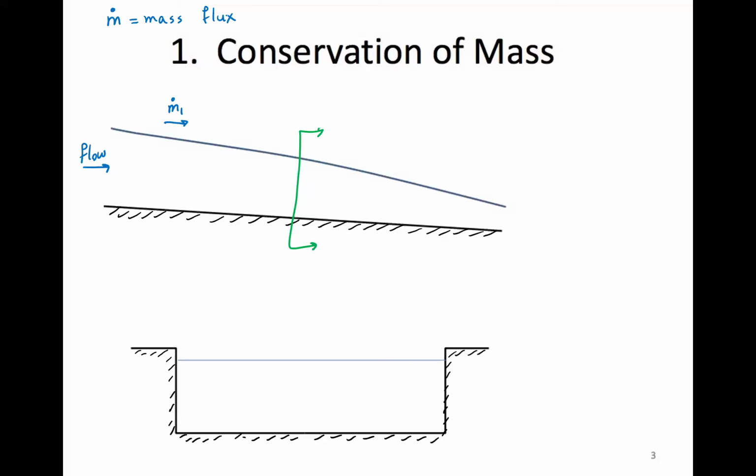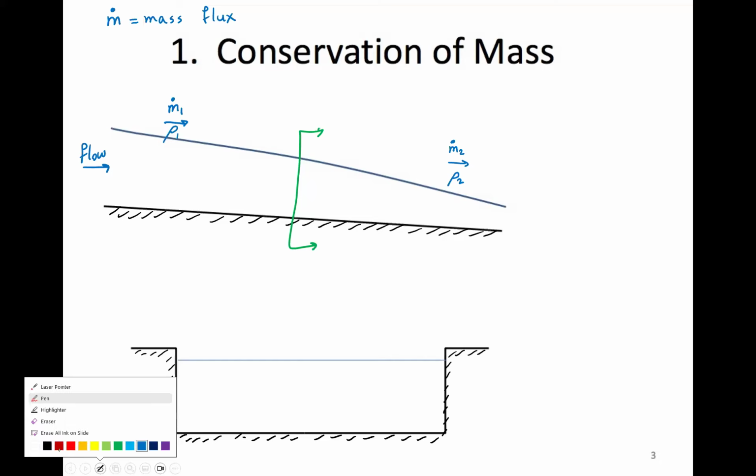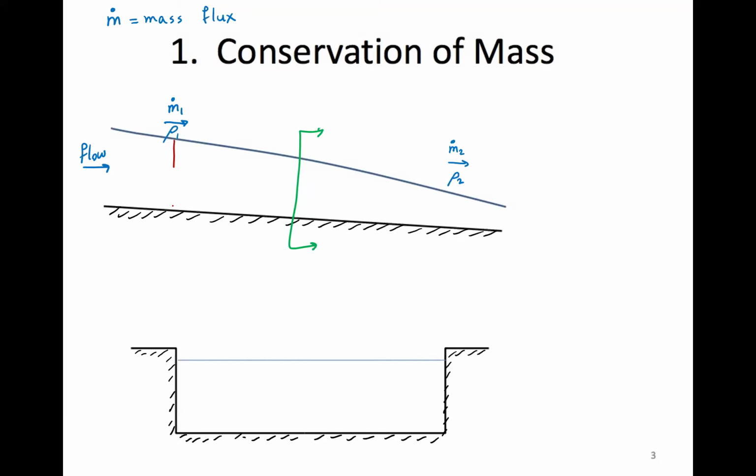So that's m dot 1 coming in at section 1, m dot 2 going out at section 2. And let's say the density of the fluid at section 1 is rho 1, and rho 2 at section 2. And depth of flow is Y1 at section 1 and Y2 at section 2. So a bunch of definitions for now, nothing new.